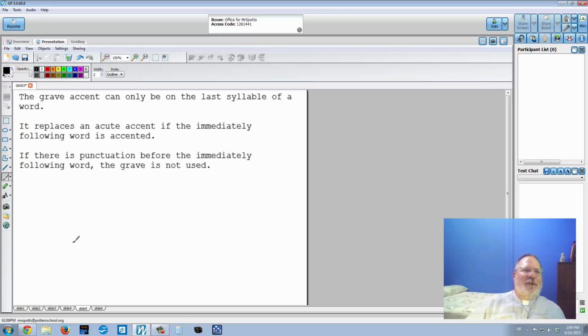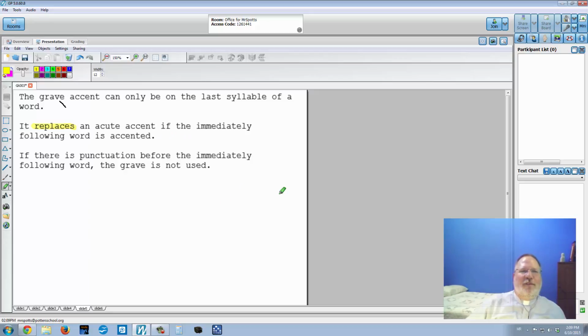Here's how a grave accent works. Remember the grave accent. It can only be on the last syllable of a word. It never appears anywhere else. And what it does is it replaces an acute accent if the immediately following word is accented.